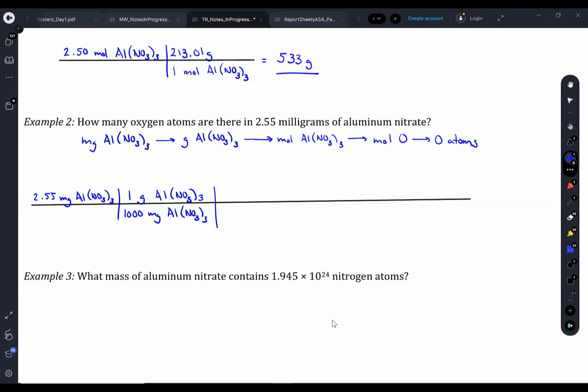Notice how I always go down on the diagonal, then up, then down and then up. So this was 213.01 grams is 1 mole.